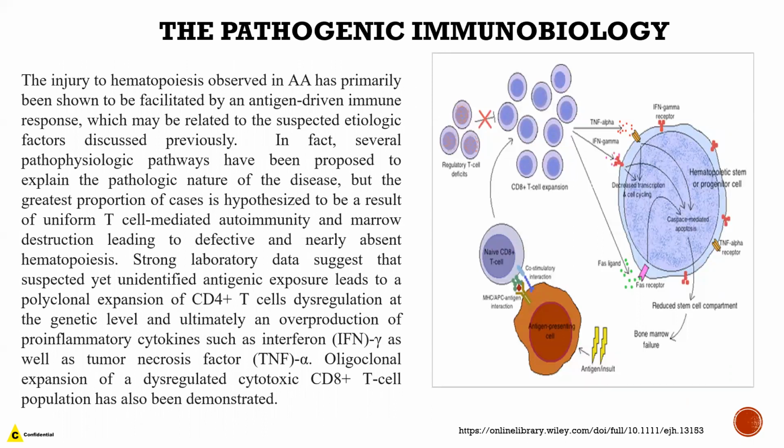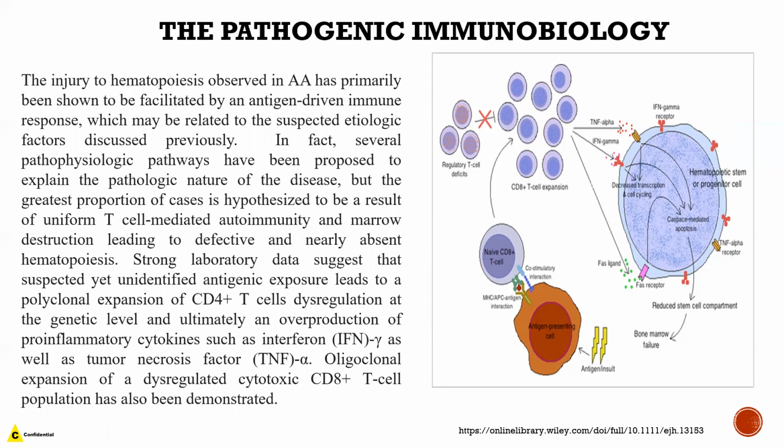The injury to hematopoiesis observed in aplastic anemia has primarily been shown to be facilitated by an antigen-driven immune response, which may be related to the suspected etiological factors discussed previously. In fact, several pathophysiological pathways have been proposed to explain the pathological nature of the disease, but the greatest proportion of cases is hypothesized to be a result of uniform T-cell mediated autoimmunity and marrow destruction leading to defective and nearly absent hematopoiesis.